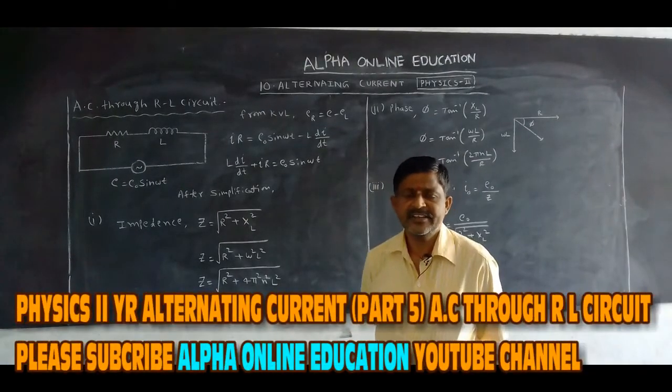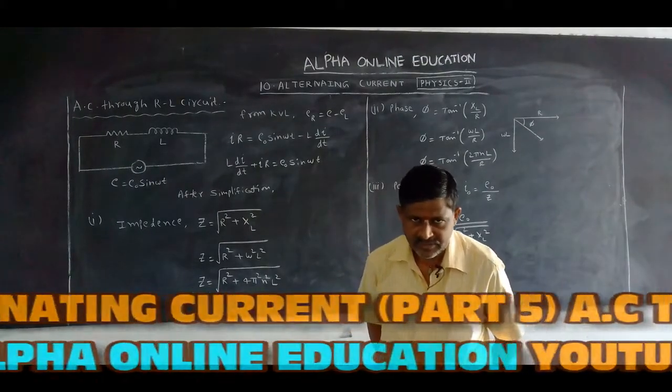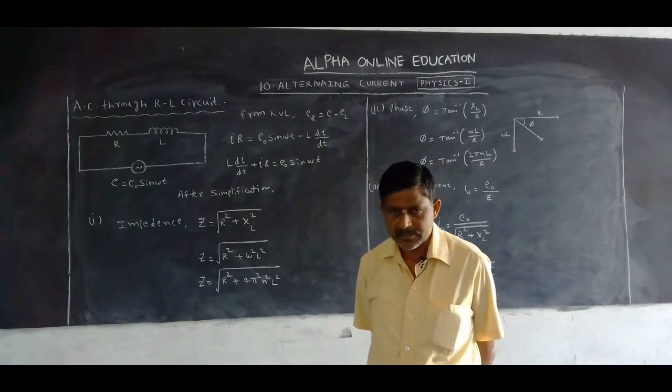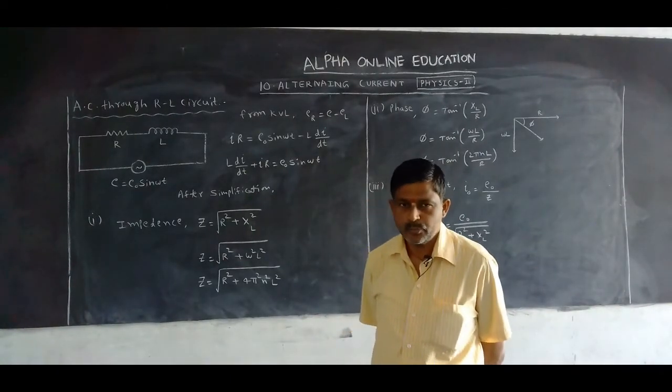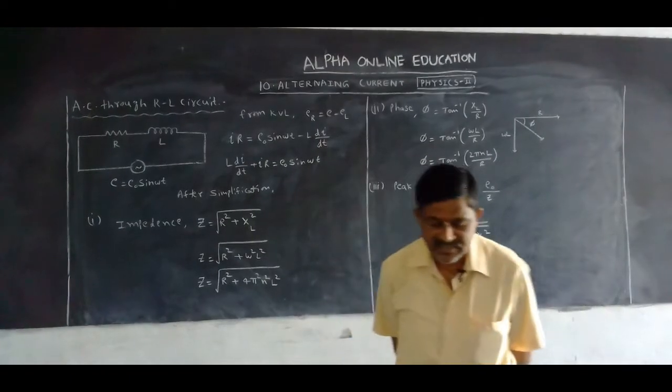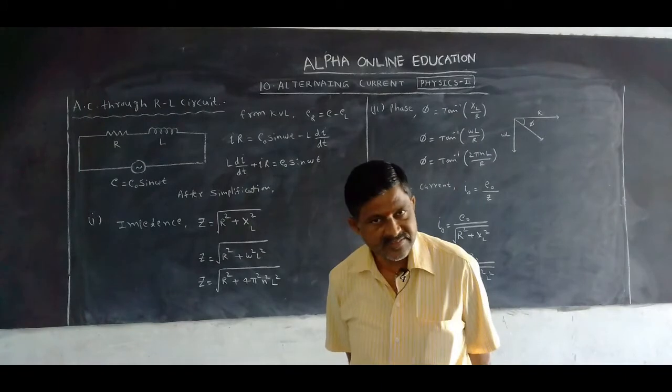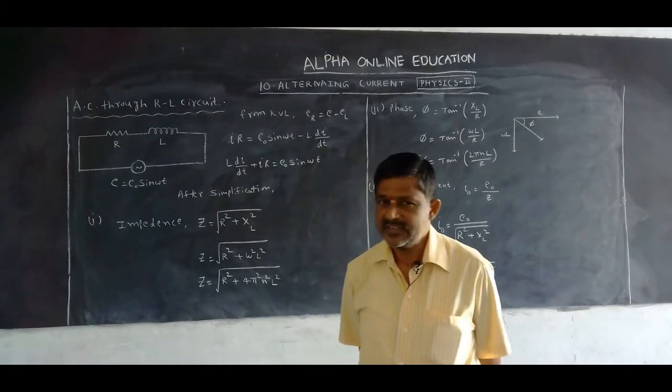When the generator is connected to an inductor, capacitor and resistor, we have proved that the AC current peak value is always less than the AC EMF in these three.